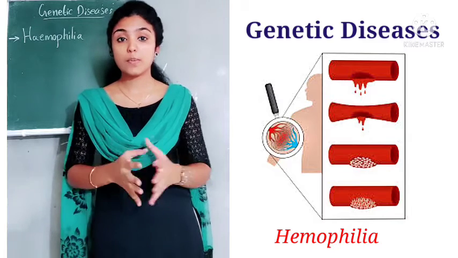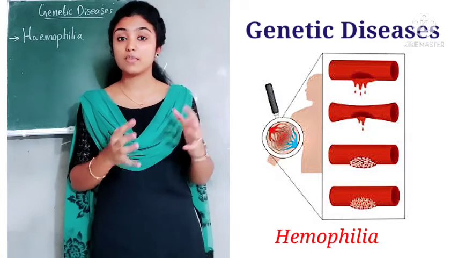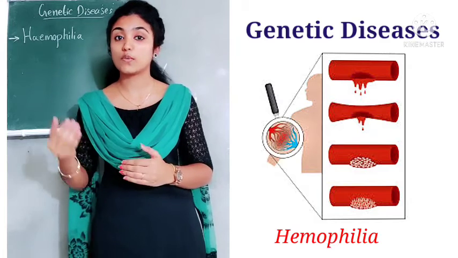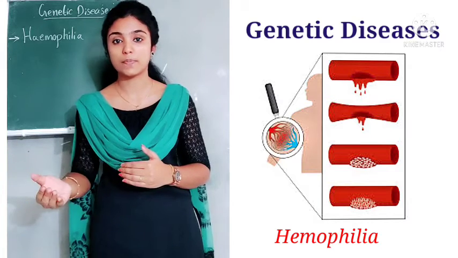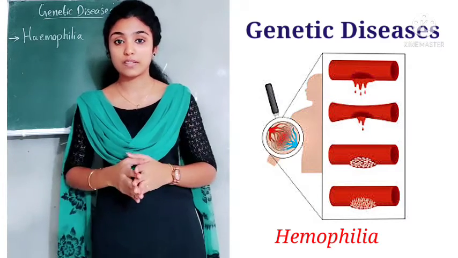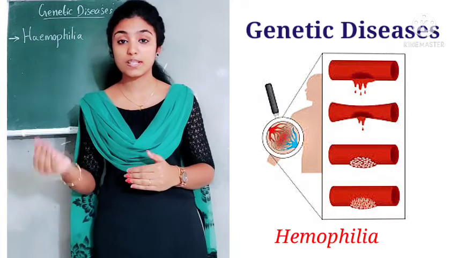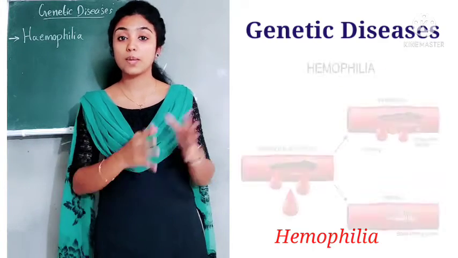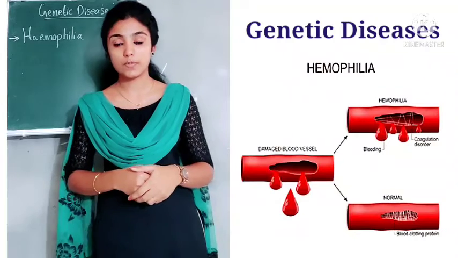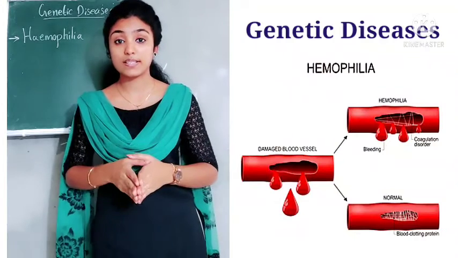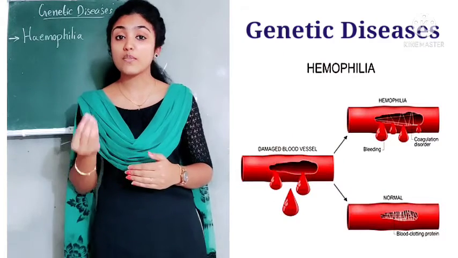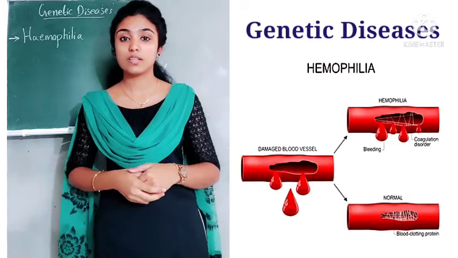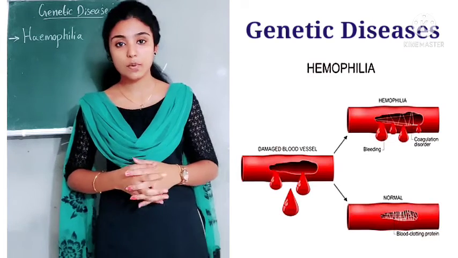In hemophilia, there will be a defect in the gene which helps in the synthesis of fibrinogen. If there is a defect in the gene associated with the production of fibrinogen, there will be a problem in its production, and this results in excessive bleeding even for a minor or small wound. So this leads to hemophilia.